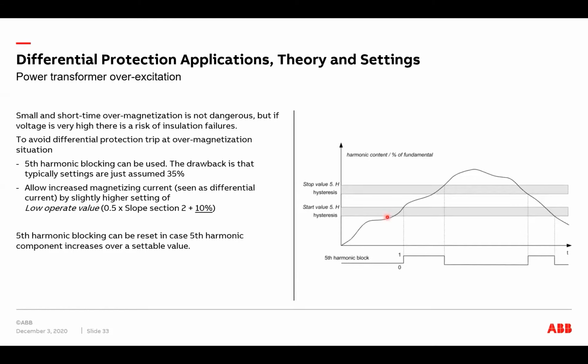So in this kind of situation, it means that the voltage is probably too high. And there we have now the possibility that we can deblock the fifth harmonic blocking for the differential protection. So in case of a high over voltage, the differential protection will then operate and disconnect the power transformer.